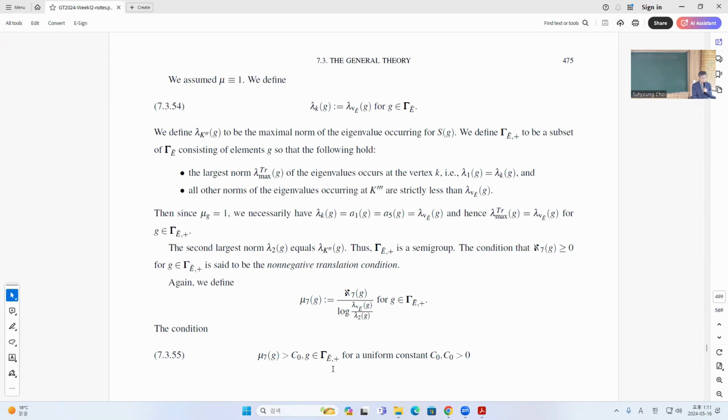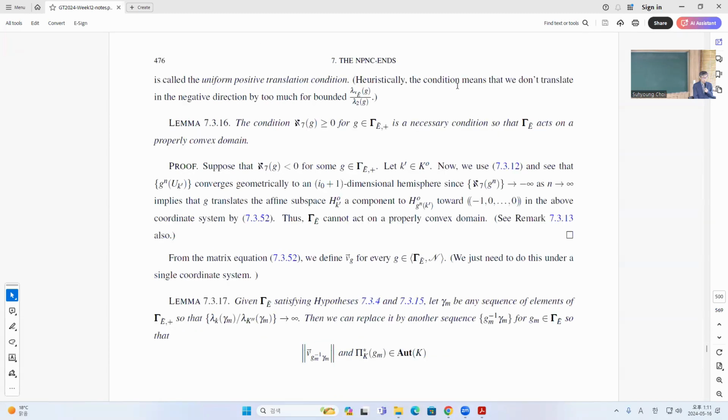So this condition will become less than C0 for some uniform constant C0. So that is the uniform positive translation condition. So this condition means that we don't translate in the negative direction too much when this is bounded.